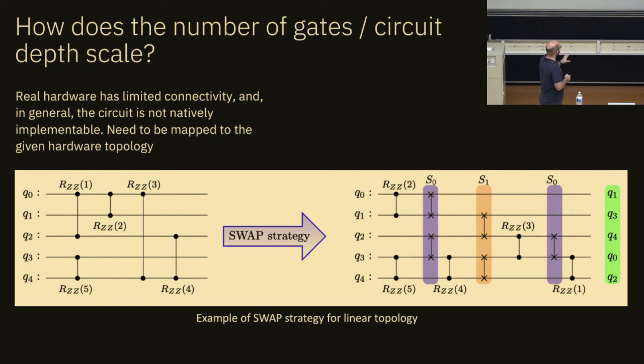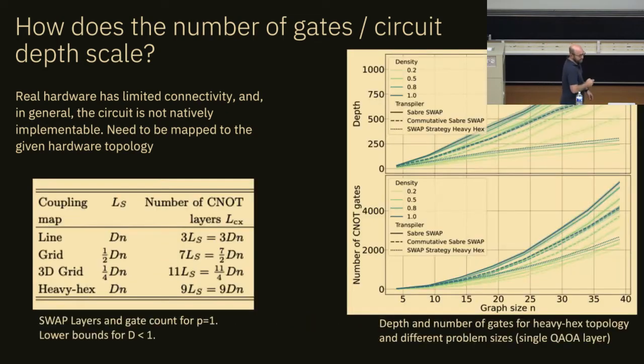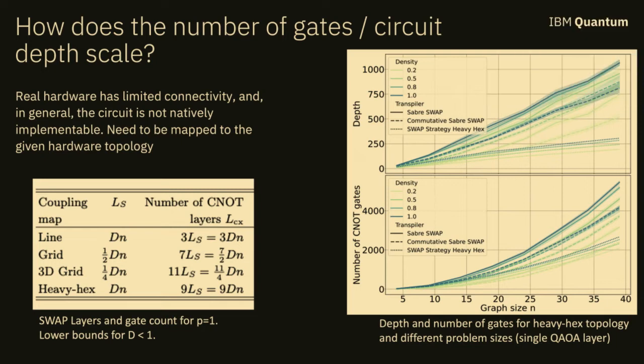All right, now what does this mean for the scaling? And here we did some analysis. The swap layers that I had on the slide before, so you do a layer of swaps, and then the alternating layer of swaps, and so on, that is actually for linear connectivity provably optimal. If you have a dense problem where you want to have an all-to-all connectivity, then that's the best you can do.